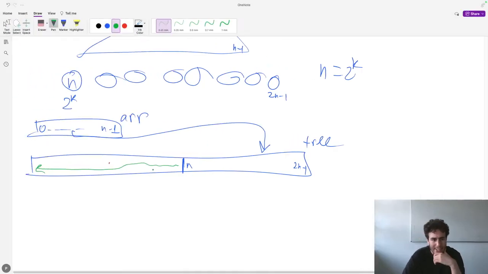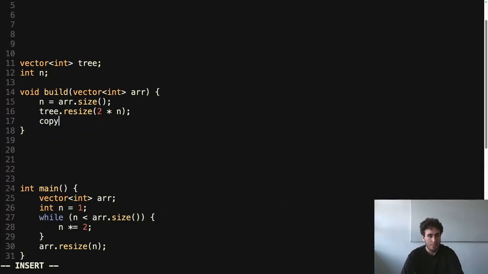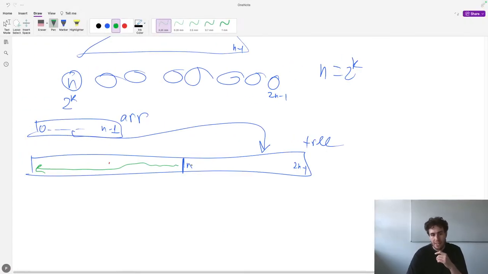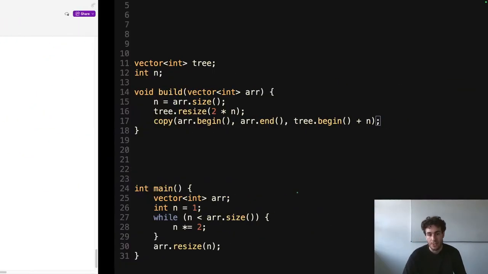And then what did I say? I take my array and I copy it in the tree starting from index n. Let's do that. Copy, array begin, array end, at index n, tree begin plus n, right? Starting from index n, it's going to copy my array into these indices in the tree.